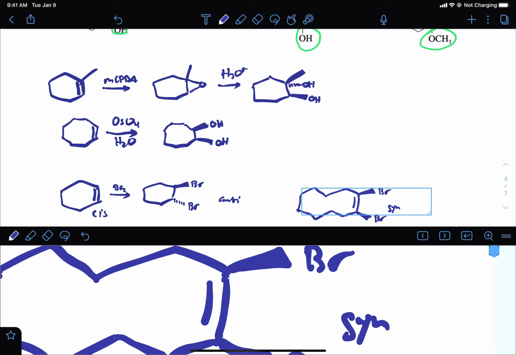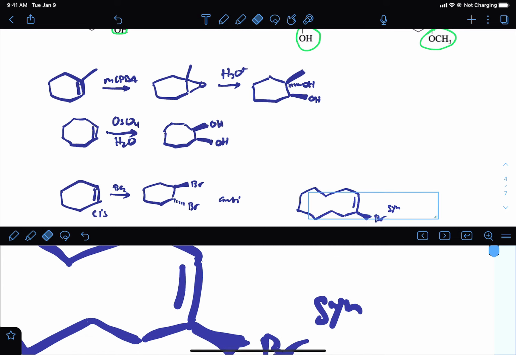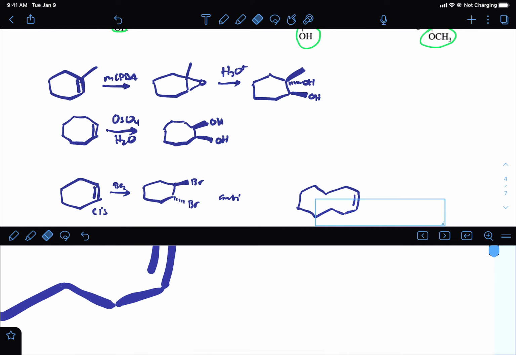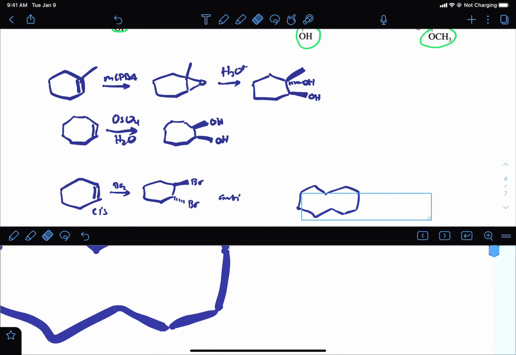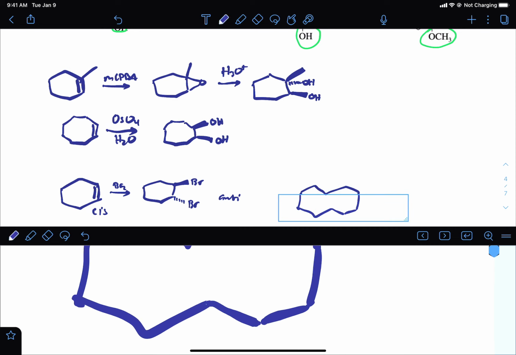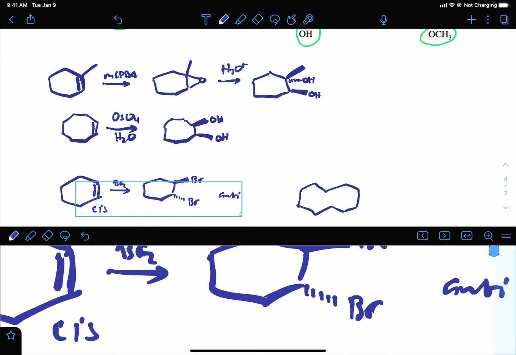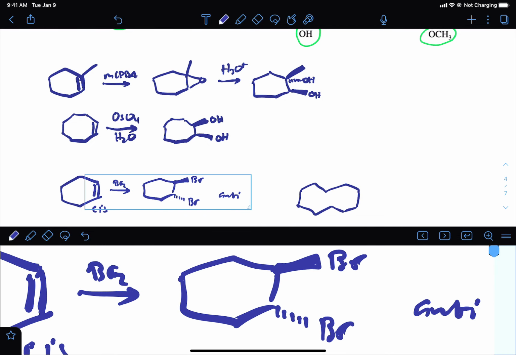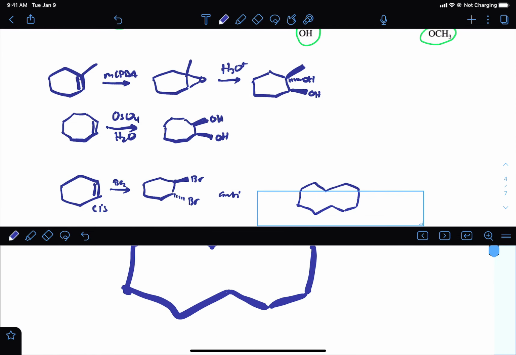And we can put the double bond anywhere around the ring that we want. So since we know that we want the BRs to add opposite of how they normally would, we want to put the double bond in the trans position.